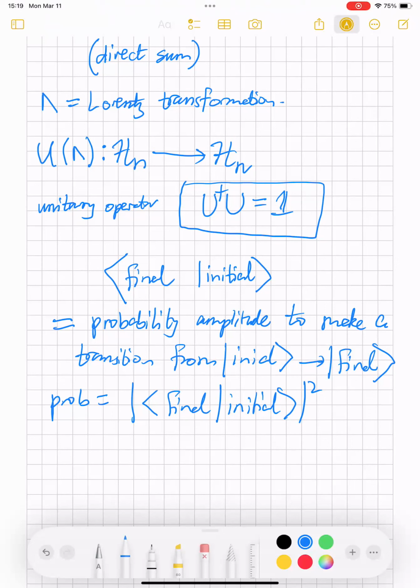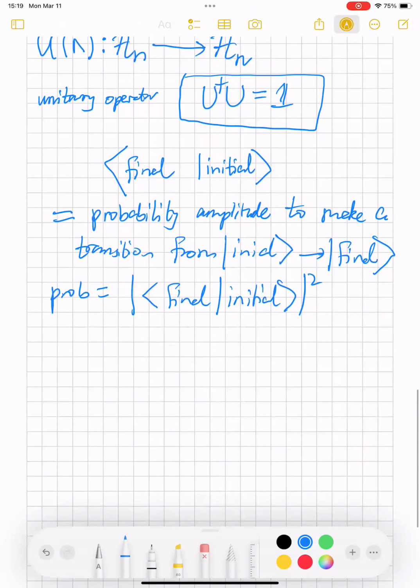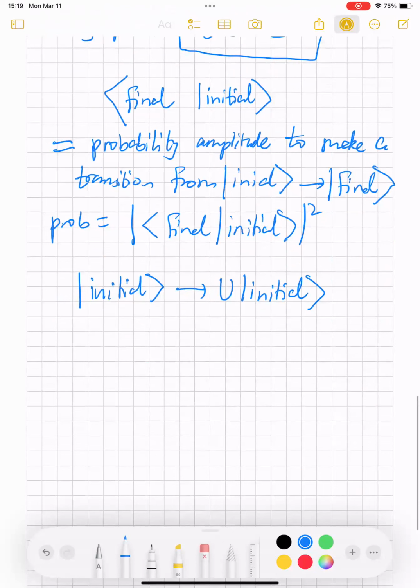So in particular, if I have an operator that produces a time translation, then my initial state might be shifted into U times my initial state. What I mean by this is my initial state is the state today, and U times the initial state is the state tomorrow.